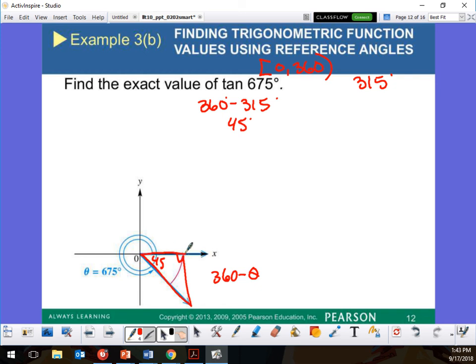In a 45, what is this number right here? 1. What is this number right here going down? It's not 2. Go look at yesterday's or last week's notes.